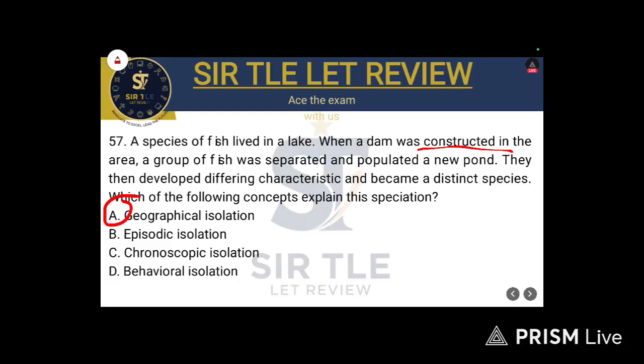Since magkaiba sila ng territory, later on baka mag-evolve yung isang fish. Well, the answer for number 57 is letter A, geographical isolation. Meron kasing construct na dam. The dam serves as the physical barrier. Okay? The answer for number 57 is letter A.